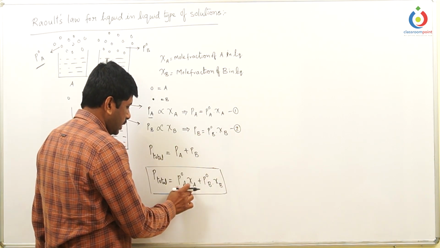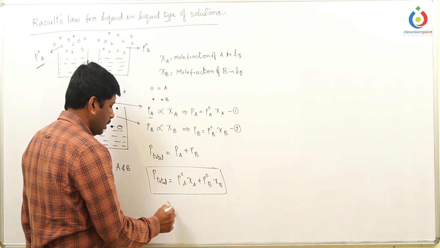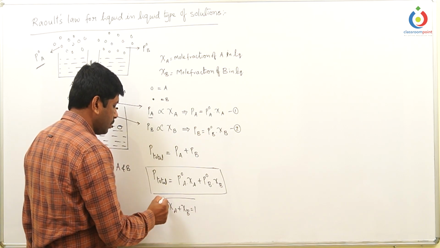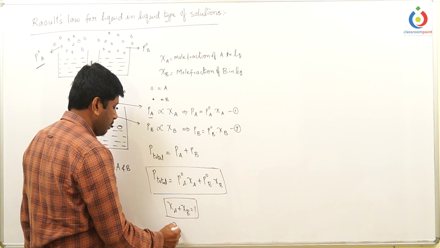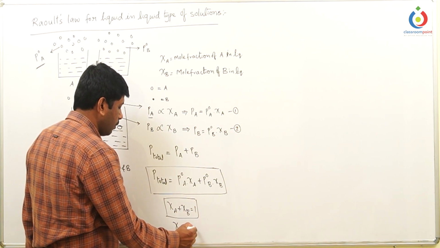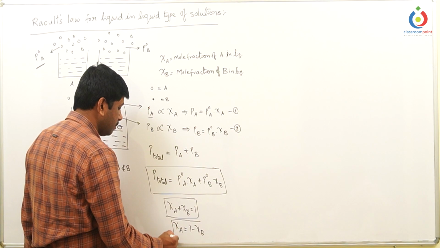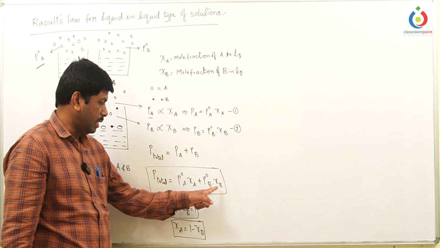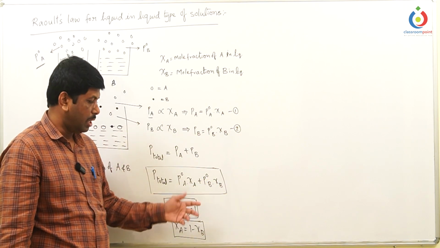Now let us expand this equation. We know that XA plus XB, the sum of the mole fractions, is always equal to 1. So in place of XA, we can write 1 minus XB. Or in place of XB, you can write 1 minus XA. Any form is possible.